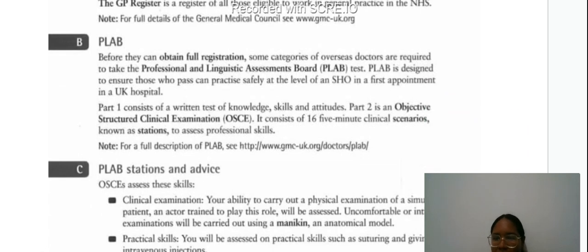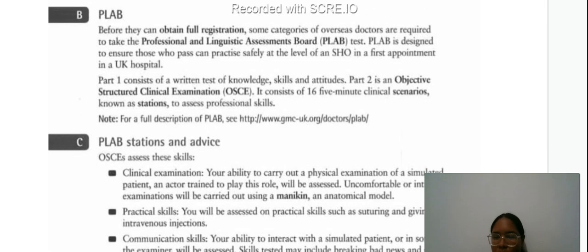B. PLAB. Before they can obtain full registration, some categories of overseas doctors are required to take the Professional and Linguistic Assessment Board (PLAB) test. PLAB is designed to ensure those who pass can practice safely at the level of an SHO in a first appointment in a UK hospital.